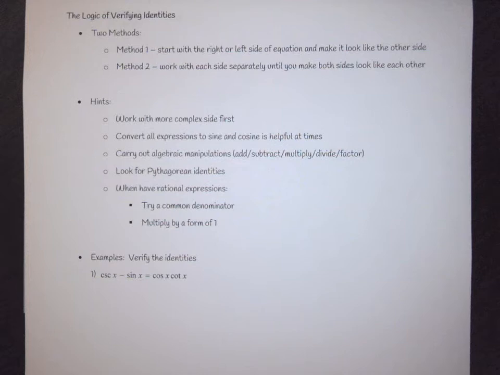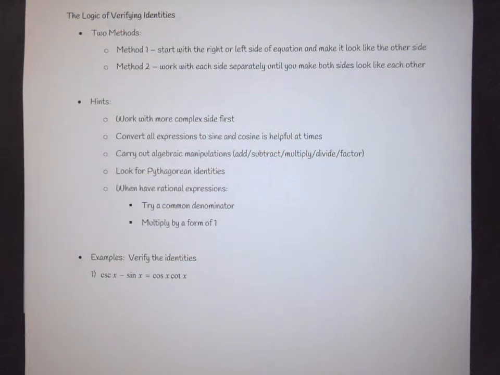The biggest hint that I can give you in terms of working with these is try to work with what looks to be the more complex side first, and try and simplify that down as far as it can go. The other hint is that if you can translate everything into a sine or cosine expression, a lot of times that helps you with simplifying things down to be able to verify it.